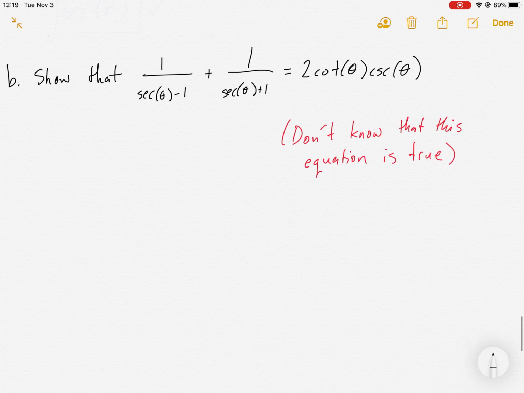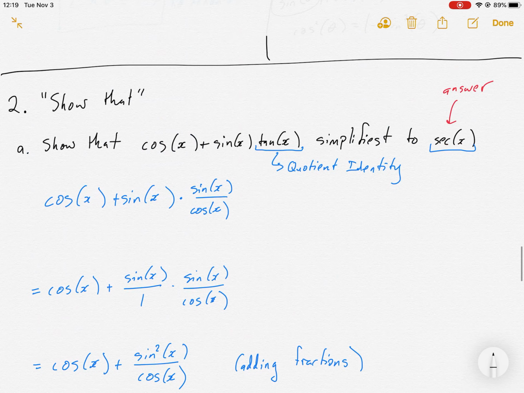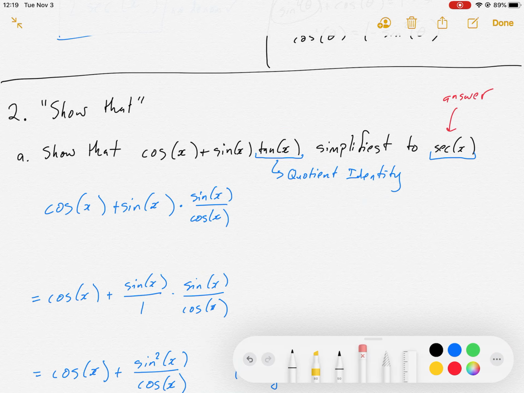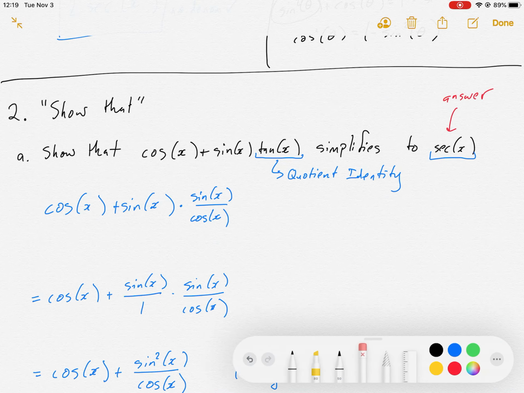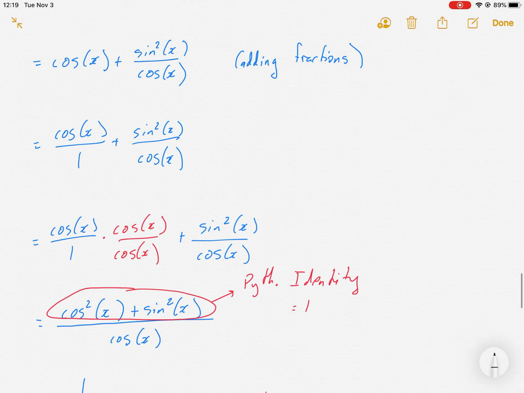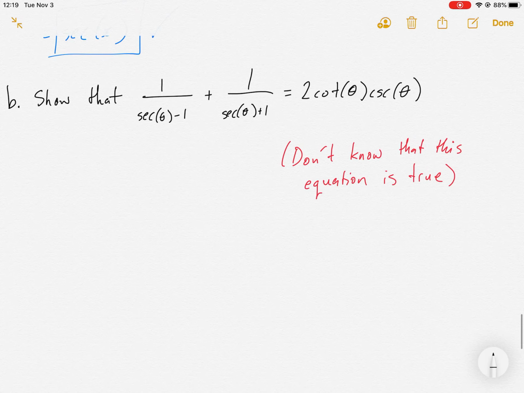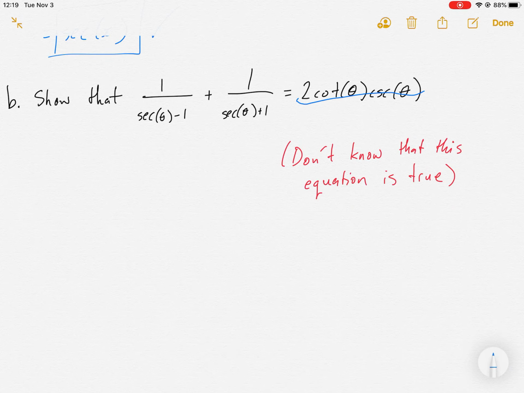Now, usually with these problems, it's like what I did above, where I said show that this simplifies. Really, you can think of this new problem as show that the left side simplifies to the right side.